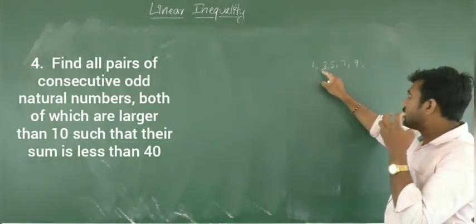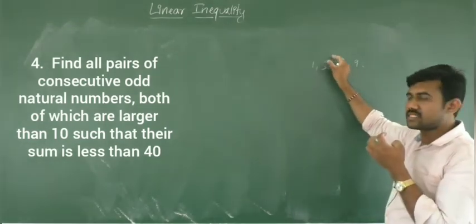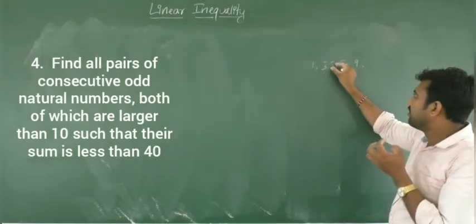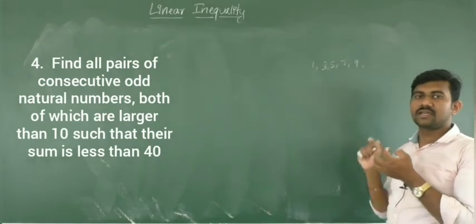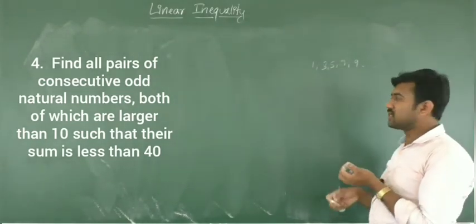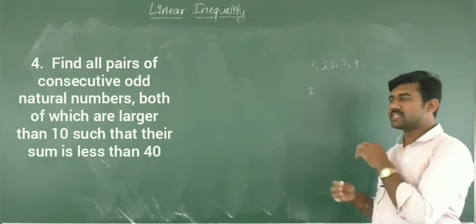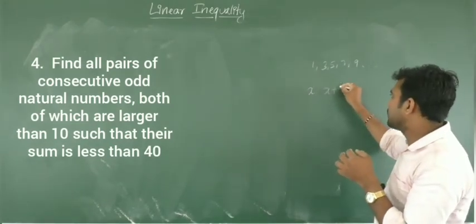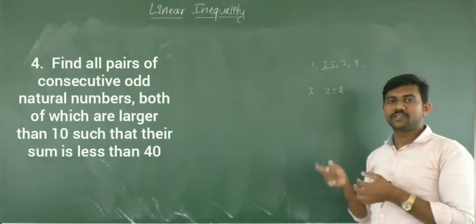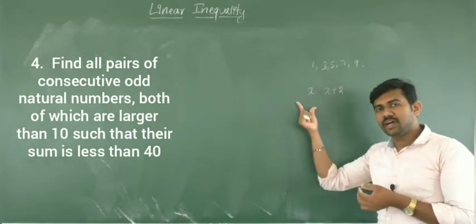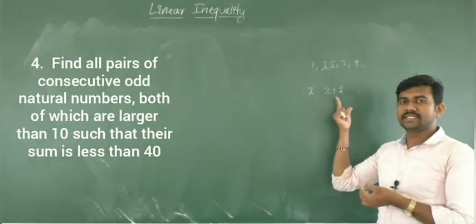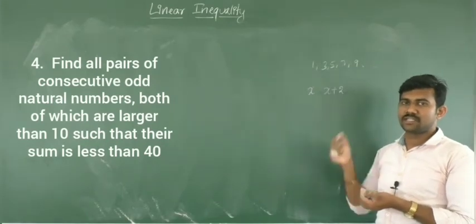If 3 is the number, its consecutive number is 5. If 5 is the number, its consecutive number is 7. In general, if x is an odd natural number, its consecutive number is x plus 2. If x is an odd natural number, then its consecutive odd natural number is x plus 2.